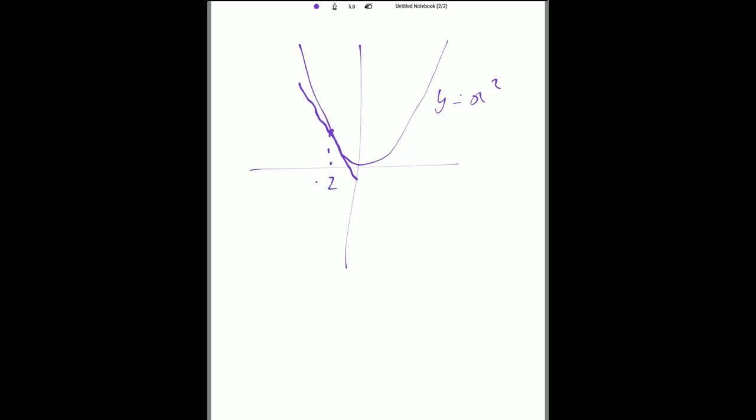So let's say the point here is (-2, 4), and the curve is y equals x squared.